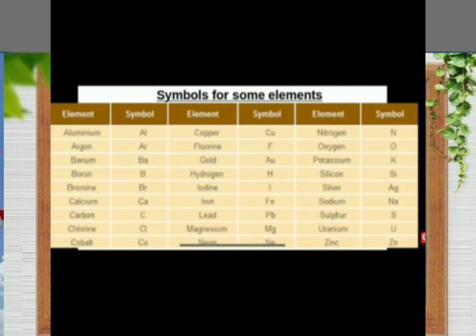Next we are looking at the symbols for some elements. It's very important. All students should study the symbols of at least 20 elements.